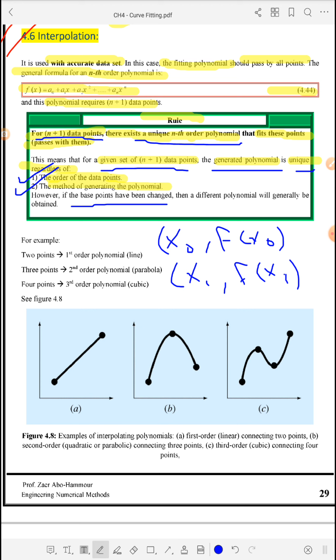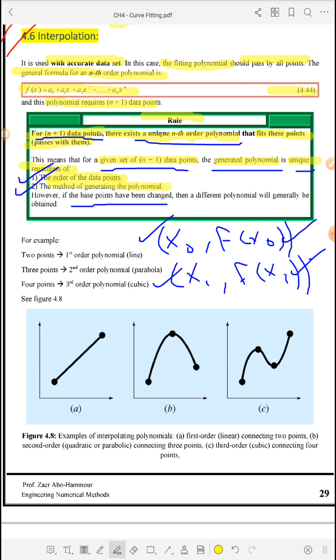So if I provide you with this as the first data point and this as the second data point, from those two data points we can generate a first order or linear interpolation, okay? So we find the straight line, we calculate this straight line equation, and then I change the order.